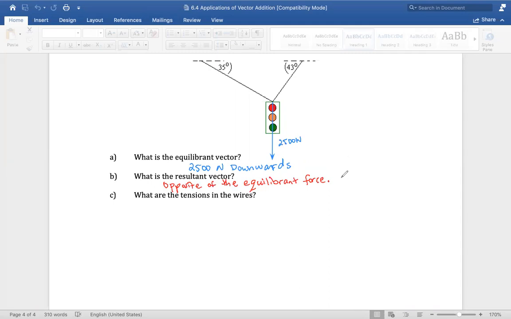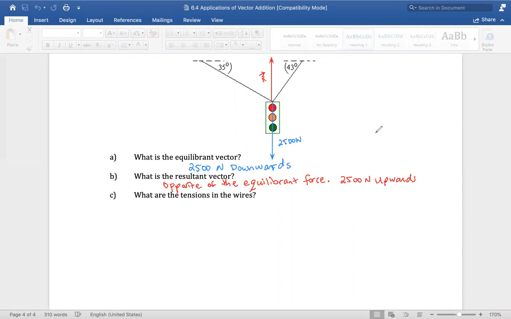And so the opposite would be 2,500 newtons upwards. And I can draw that in opposite this vector here. So again, going up to the vertical would be this one here. And this is my resultant, R vector, resultant vector.